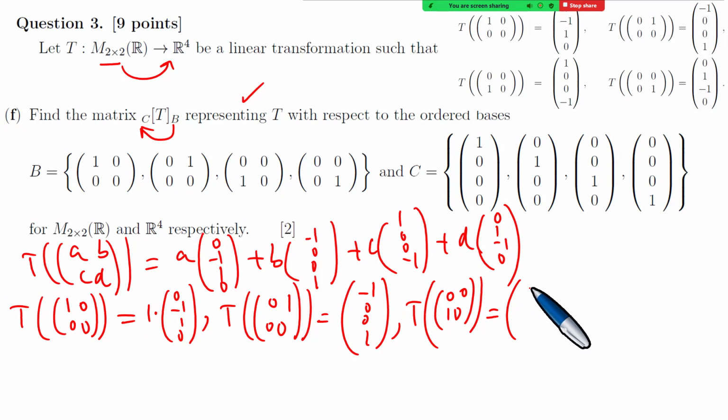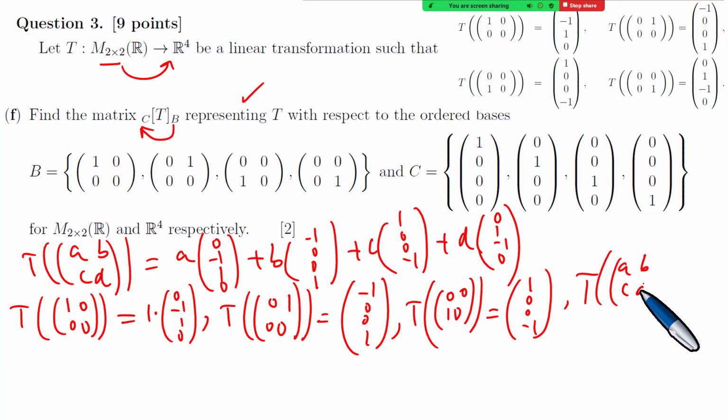So it's like we're doing nothing, because we're getting exactly the things we got, but there's something more I want to say. Obviously, if you're dealing with the last one, when D is 1, then you're gonna get a 1 here. So it's exactly this one here, which is the A, B, C, D. There's something I want to say about what the matrix representation is by definition, which is 0, 1, -1, 0.